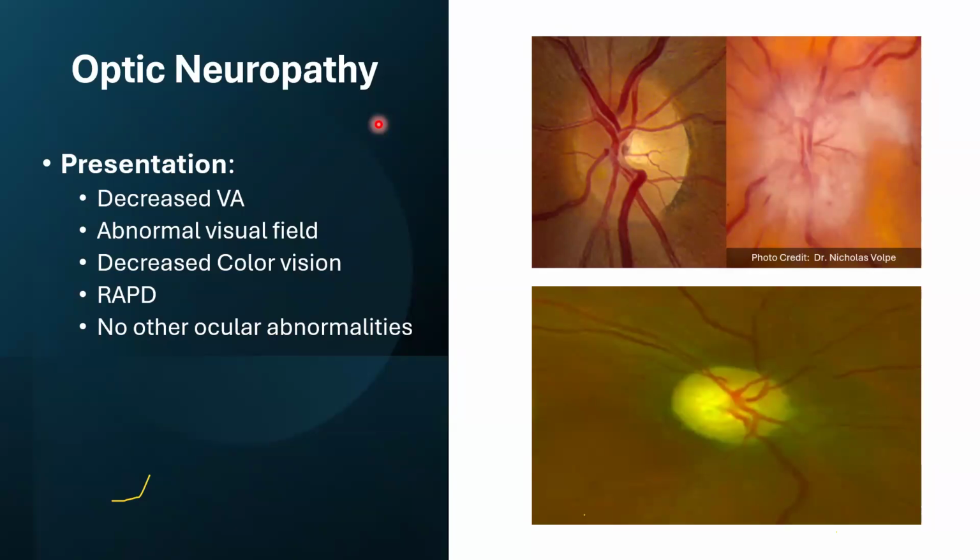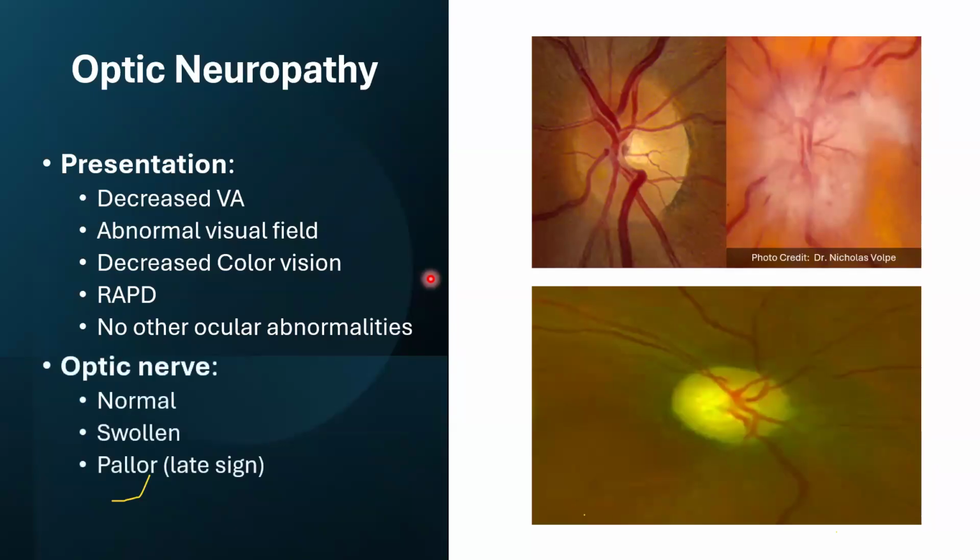So if you see a patient with decreased vision, decreased color vision, or abnormal visual field, but the examination was totally normal, cornea, retina, everything, and there was a relative afferent pupillary defect, it's an optic neuropathy or an optic neuritis. At the beginning, as we mentioned earlier, the optic nerve can be normal, swollen, or pale, which is a later sign.